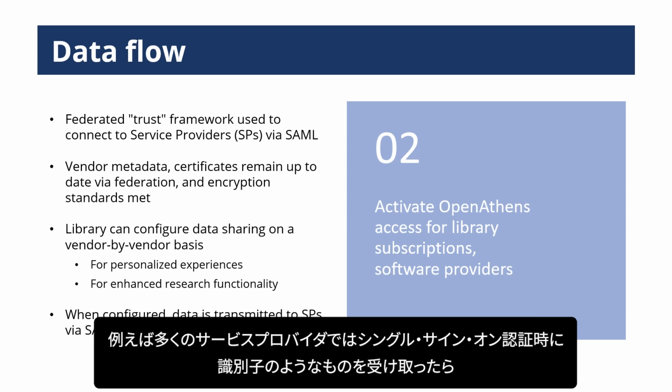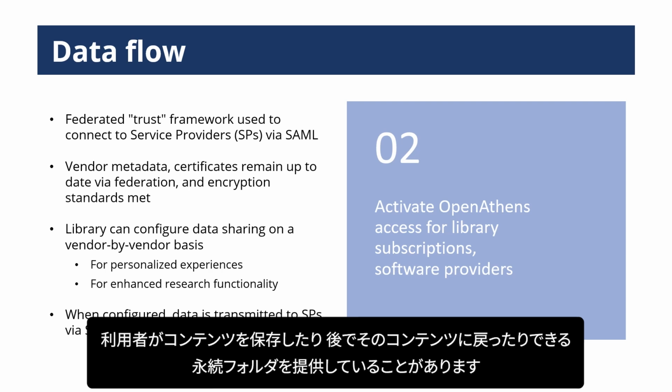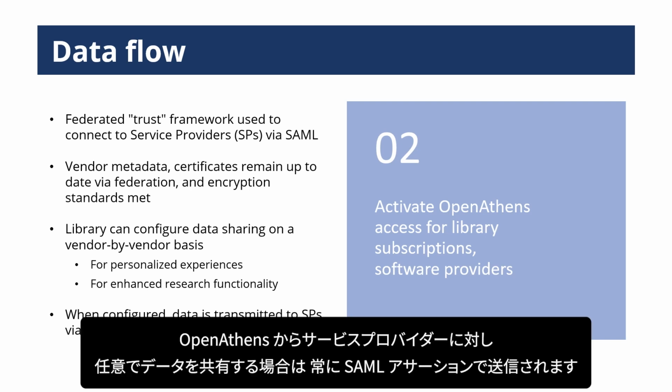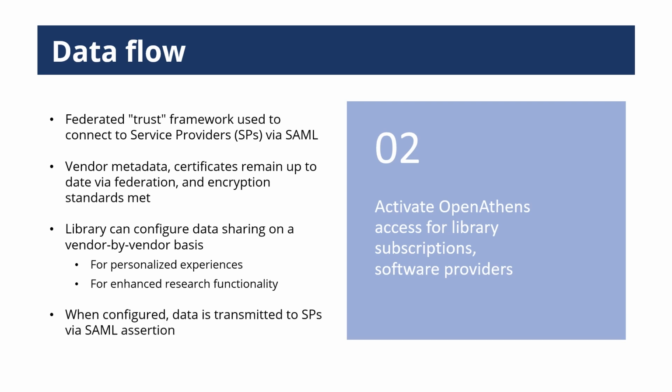For example, many service providers offer a persistent folder where the user can save content and return to it later if something like an identifier is received during the SSO authentication. If data is optionally shared to a service provider from OpenAthens, it is transmitted always via a SAML assertion.